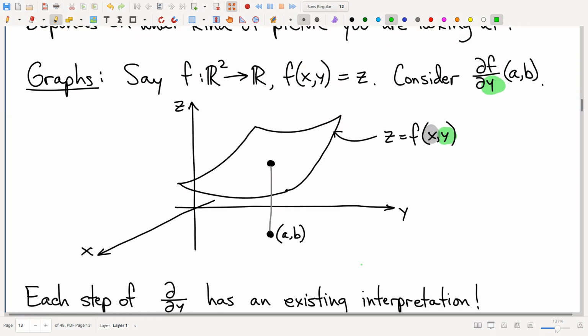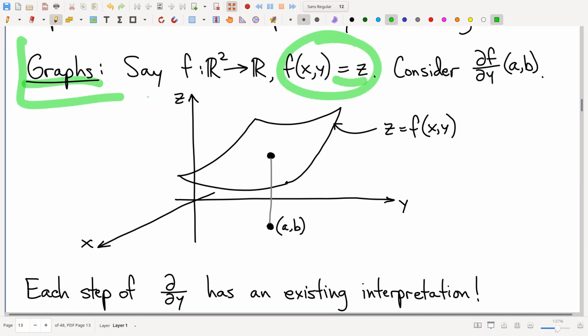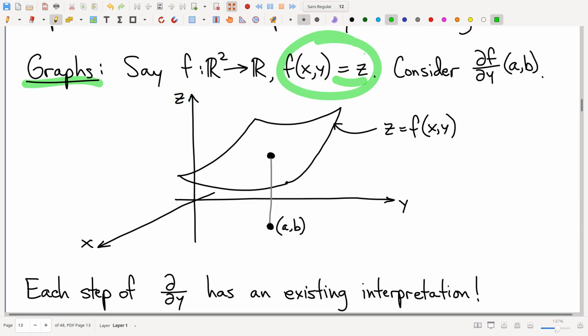Let's look at how we set this up. The way I have this set up, I said graph and I said z equals. That was all part of my setup. And so with the understanding that z is the name that we're giving to the output values for f, if you wanted to rewrite f as z, I think that'd be reasonable in this case. Yeah, absolutely.